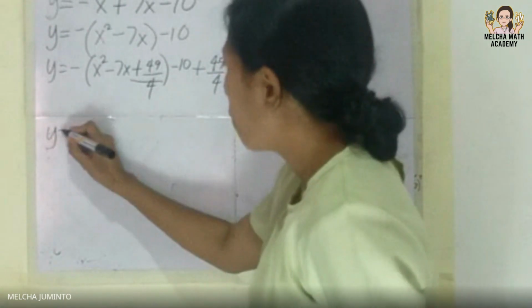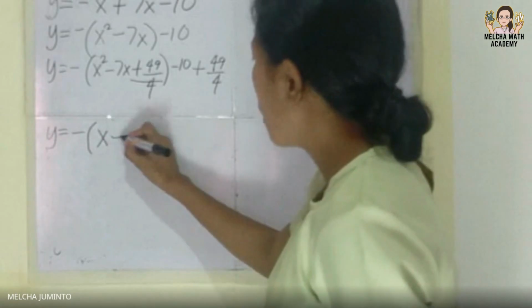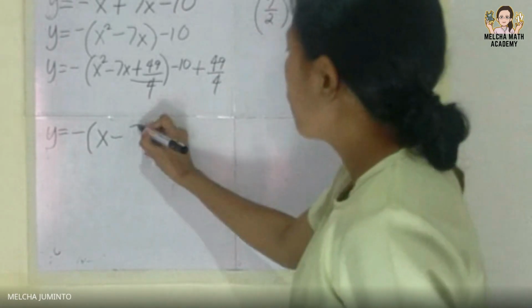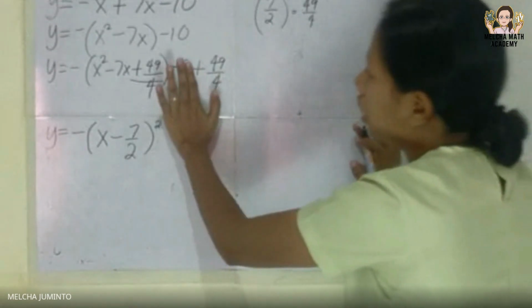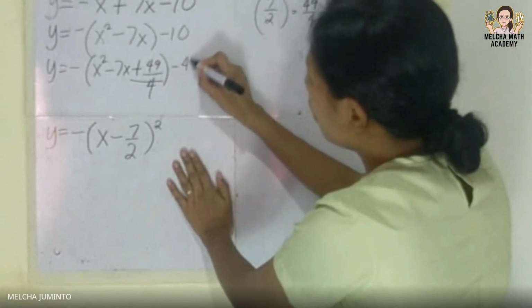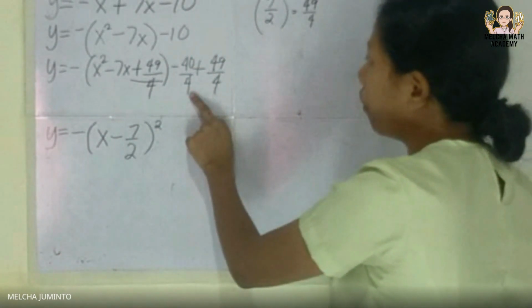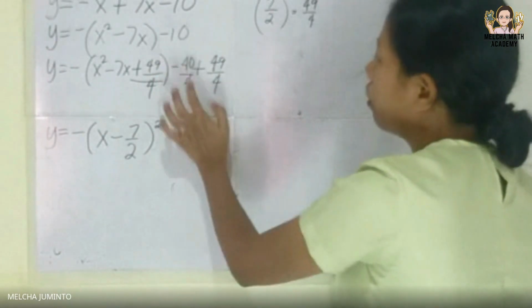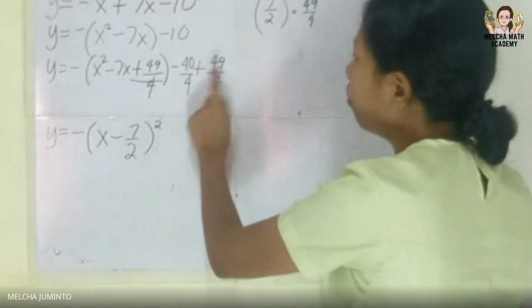Continue. y equals negative times the quantity x minus 7 over 2 squared. And then I will change 10 to 40 over 4, because 40 over 4 is 10. The reason I converted it to 40 over 4 is to easily combine it with 49 over 4.